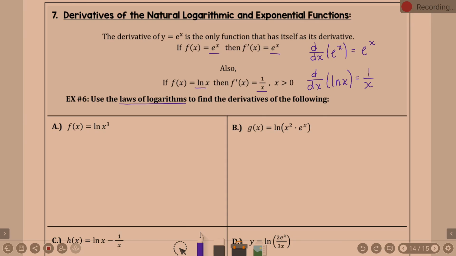Did we learn a derivative rule for natural log of x cubed? No. So think log rules here. There's a power rule here. How can this be rewritten?